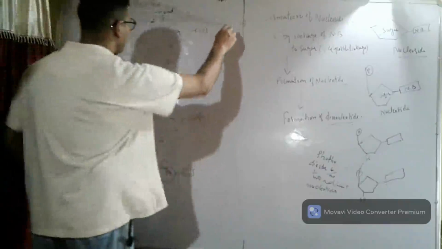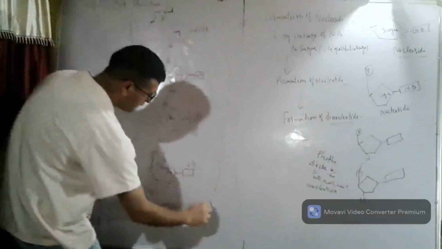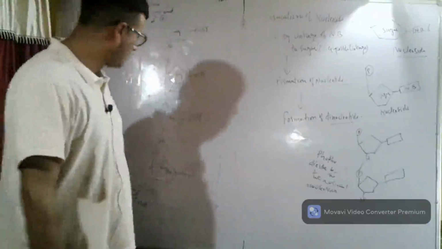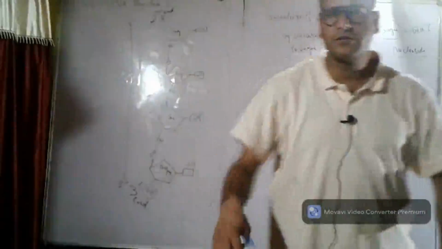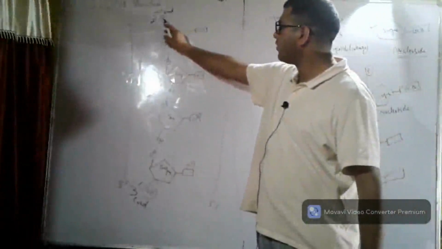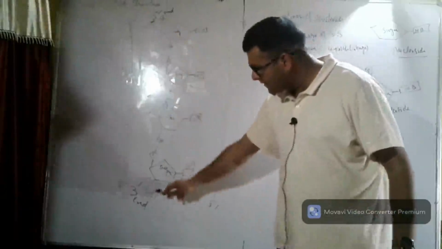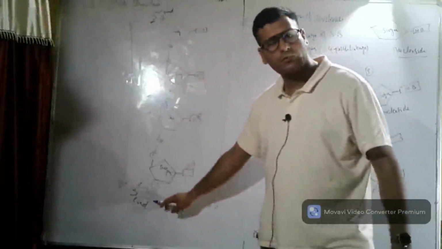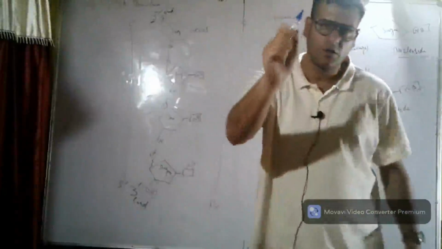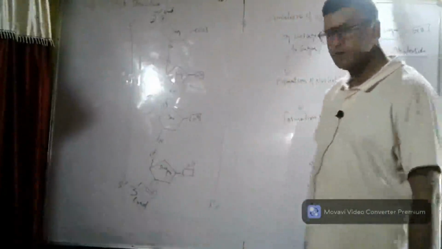Another strand would be 5 dash here and 3 dash here. So we say that the two polynucleotides are antiparallel. At one end we have phosphate group free, at the other end we have hydroxyl group free. This hydroxyl group is present at the carbon third and phosphate group is always present at the carbon fifth of the sugar. So this is what is called as the two strands being antiparallel.